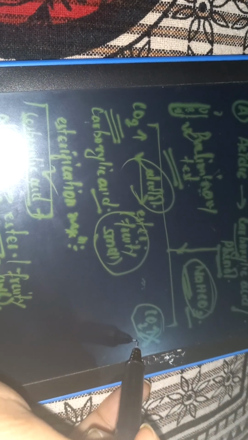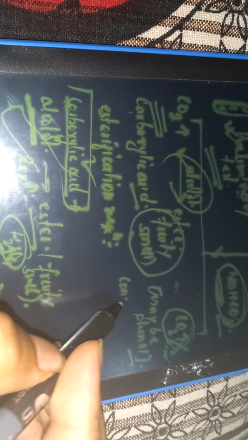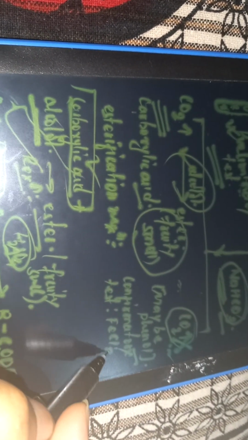Now let's see if the reaction was not that. If, when we added the given sample with sodium bicarbonate, it doesn't give carbon dioxide, then what may it be? It may be phenol. For phenol, we have a confirmatory test. The confirmatory test of phenol is the reaction with FeCl3.